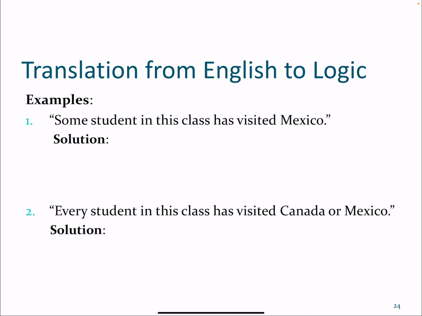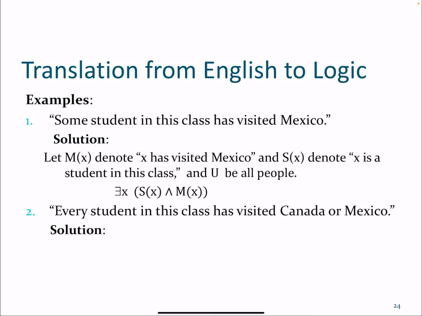Another example: some students in this class have visited Mexico. You can define this similarly, which is very easy. If the domain is all people, Mx means x has visited Mexico, and Sx means x is a student in the class, then this sentence is expressed as there exists x, Sx and Mx.